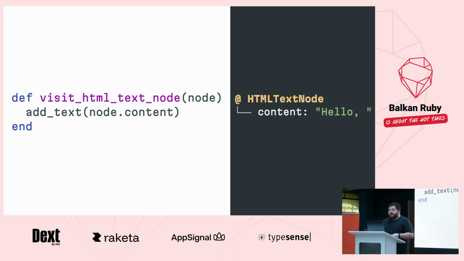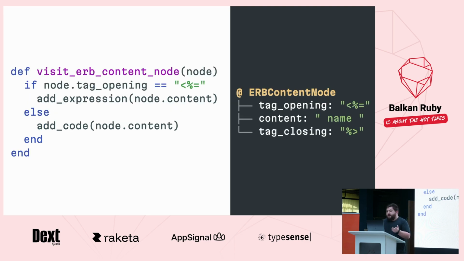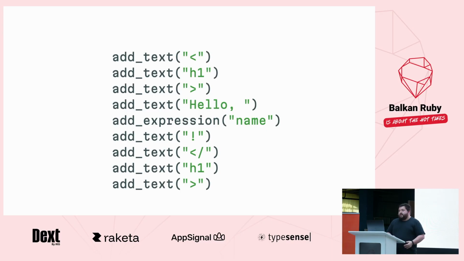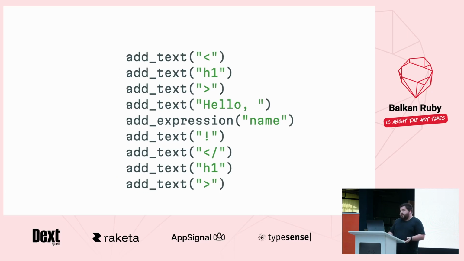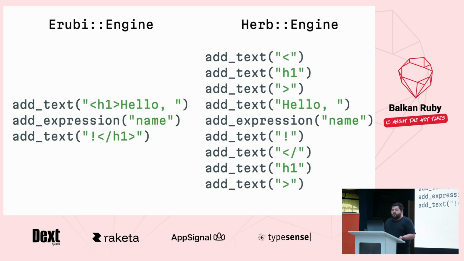And for the ERB content nodes, which are the ERB tags, we can look at the opening tag and see if it's an output tag, and if it is, call add expression, otherwise just call add code, which just appends the code to the buffer too. So if you visit this template, we get this sequence of instructions, and if you compare it to eRuby, you can see it's a lot more work that we have to do compared to what eRuby has to do.